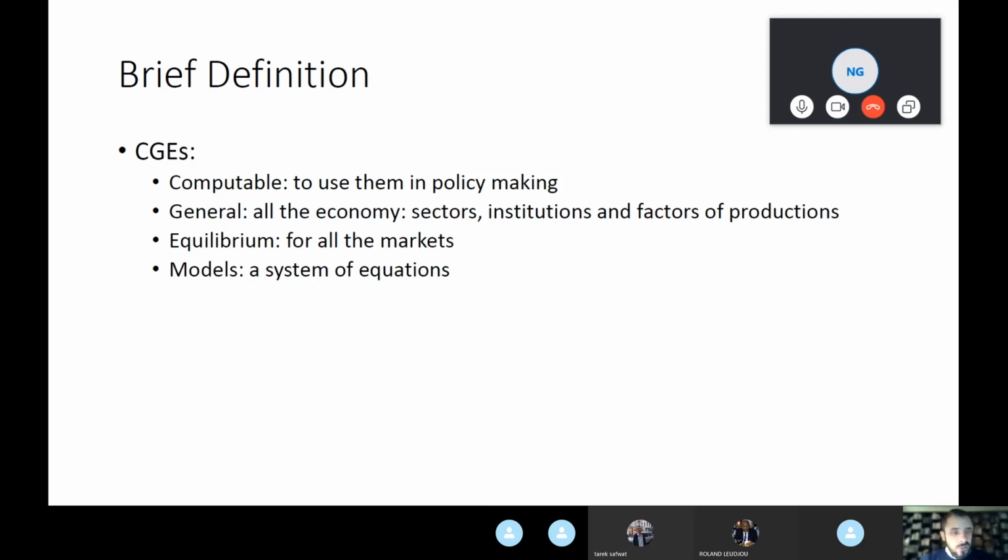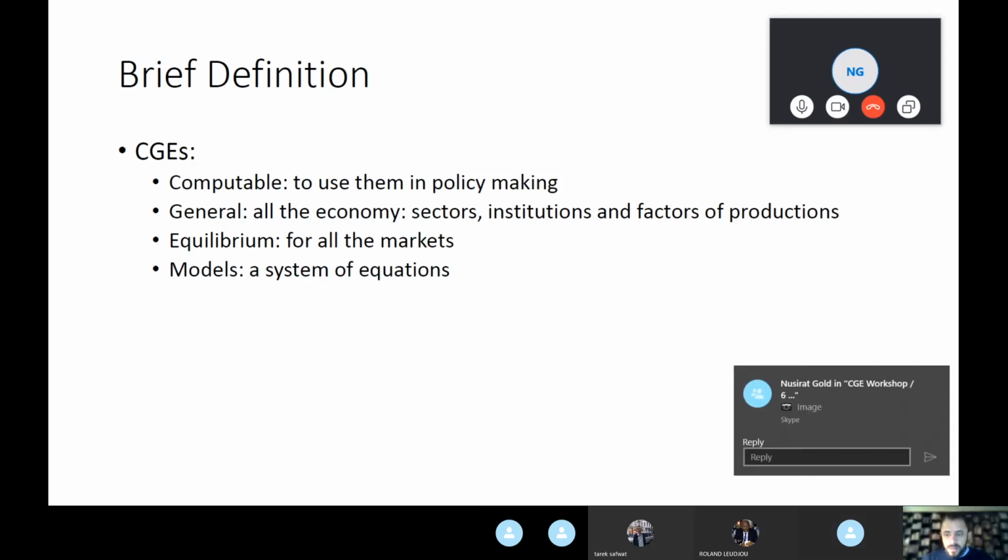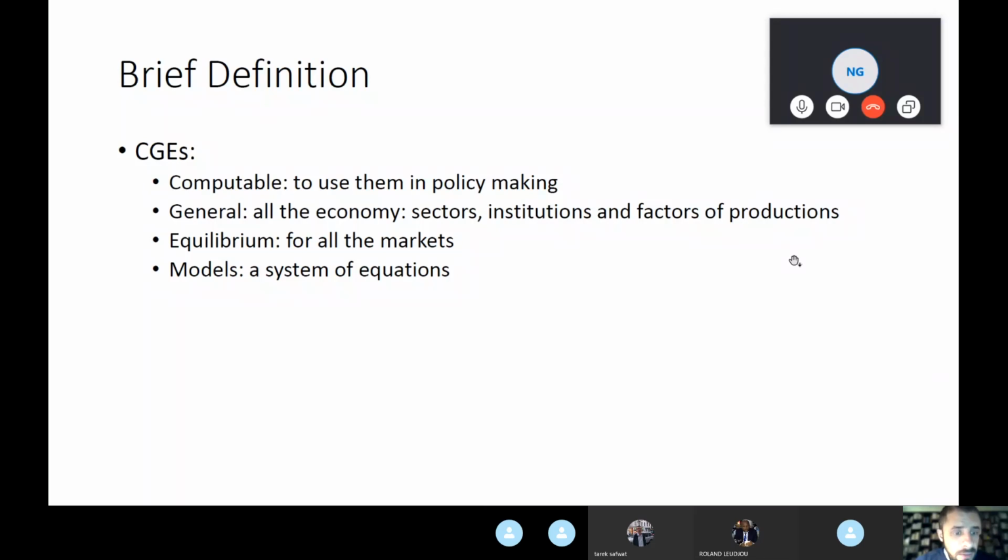General because we focus on all the economy, all the sectors, all institutions, different factors of production. And equilibrium because we assume that all the markets that we have are in equilibrium, and models because it's based on a system of equations.